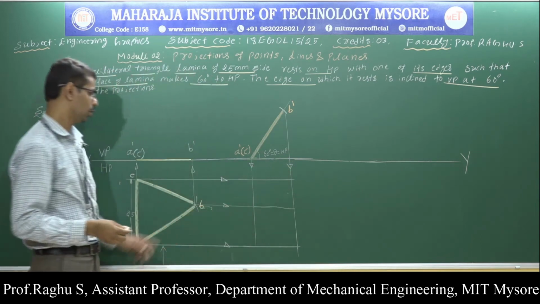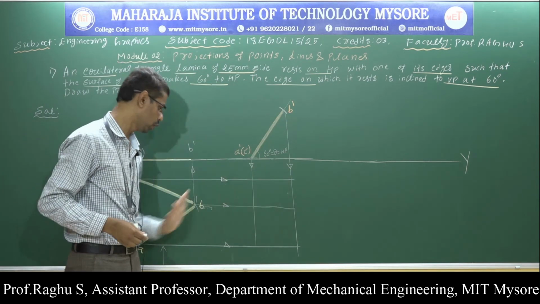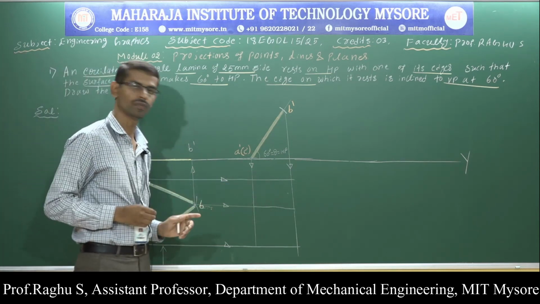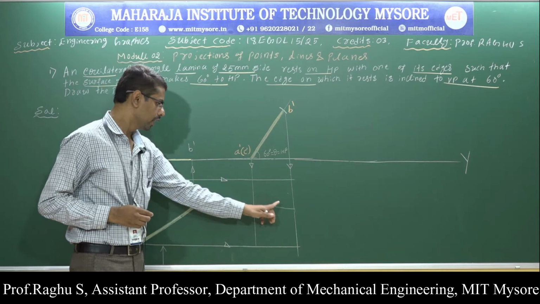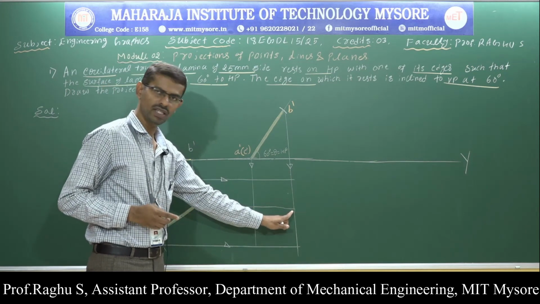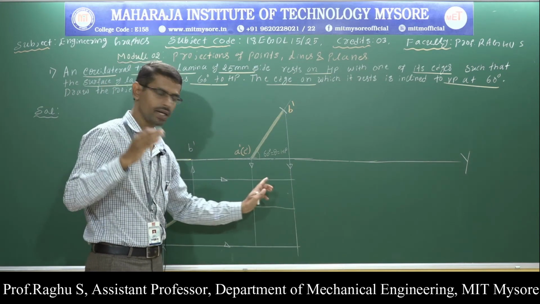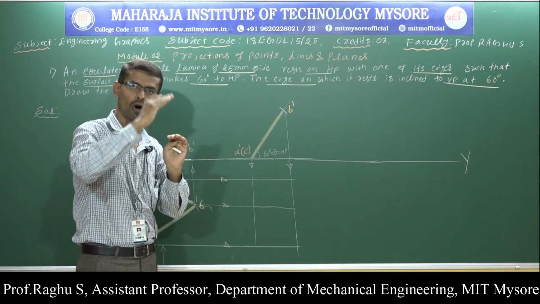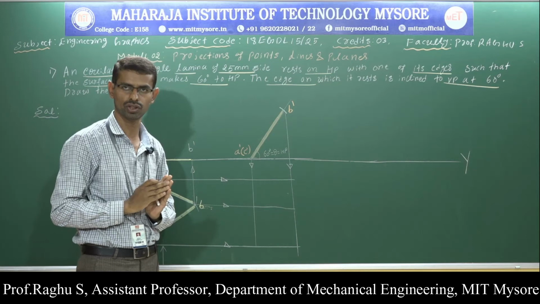Next, do the naming. Naming is done by taking the intersection of horizontal projections and vertical projections.